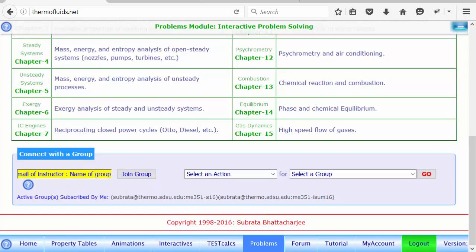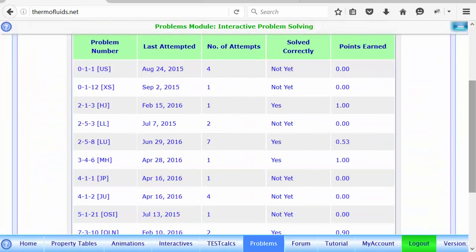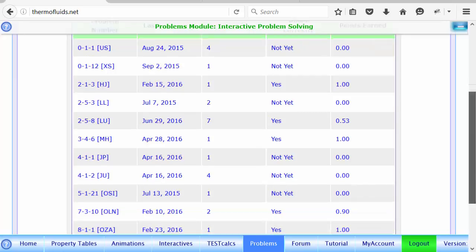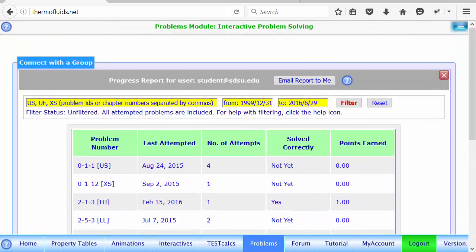So notice that you have joined the group and the group name appears here. Later you can always go and select the group, and you can ask to generate my progress report, and if you click the go button, it will show you how many problems you have solved, how many points you have earned, etc. So I guess it's pretty straightforward.